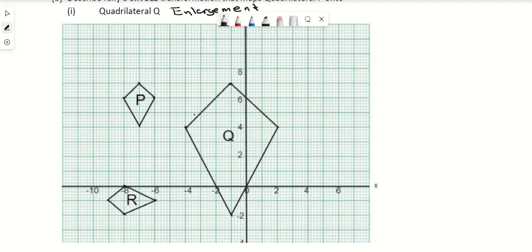Now, for an enlargement, I'll put this in red, there are 2 things you need to describe. The first thing is you need your center of enlargement.